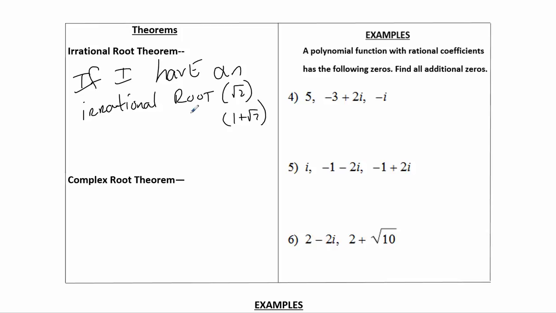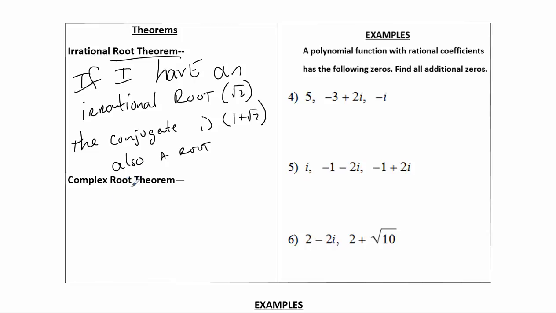So if I have an irrational root, that means this theorem states that the conjugate is also a root. Okay, the conjugate is also a root. We'll get into more what that means, but that's what the theorem states. I'm not going to go into proving it and all that stuff. You can go look it online if you really want to be more interested with that.